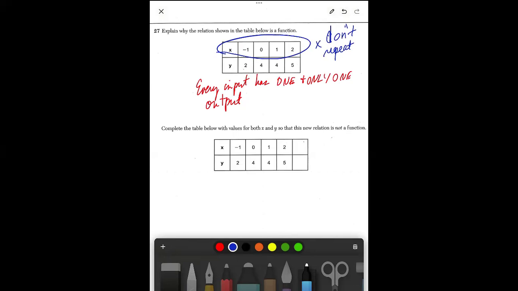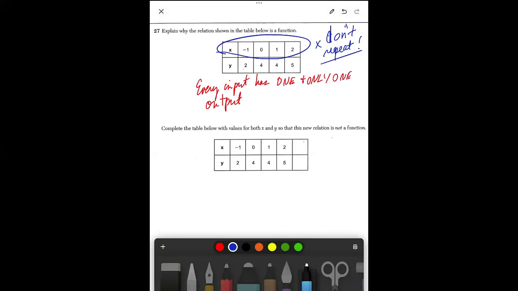I'm going to show you why in the second part. I think most graders would give you credit if you said the x's don't repeat, because most teachers understand that's what a lot of students and teachers have said. But technically, that's not right.